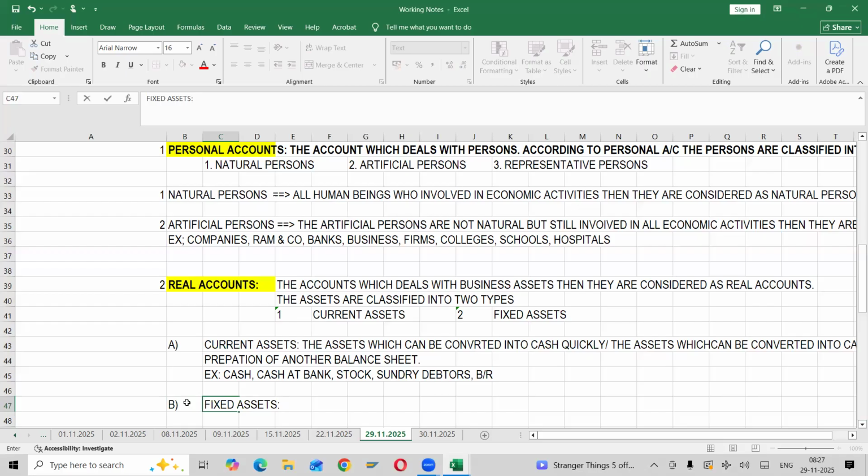The assets which cannot be converted into cash quickly. What do you mean by quickly? The assets which cannot be converted into cash within a year's time, a financial year, right? Again, within a year in the sense from preparation of one balance sheet to another. Yes. All those assets are considered fixed assets.